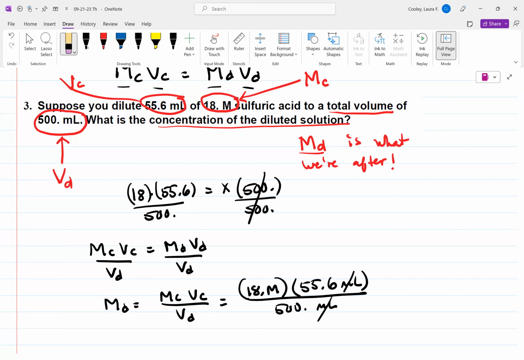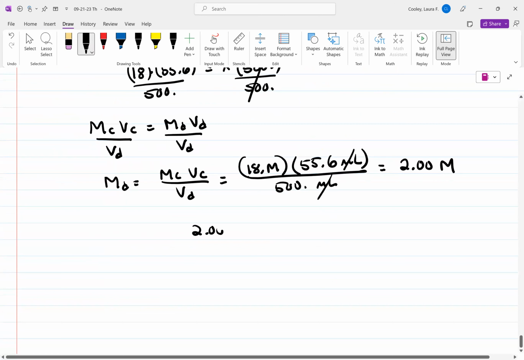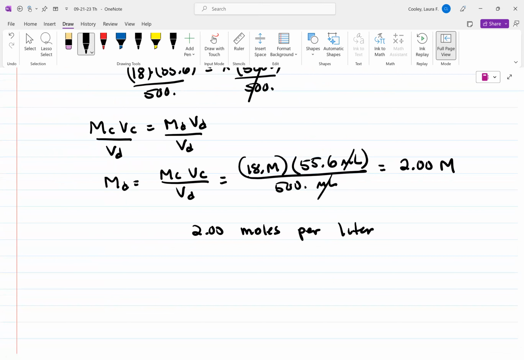My units would cancel, and I would end up with 2 molar. Okay. And what does 2 molar mean exactly? 2 moles per liter.